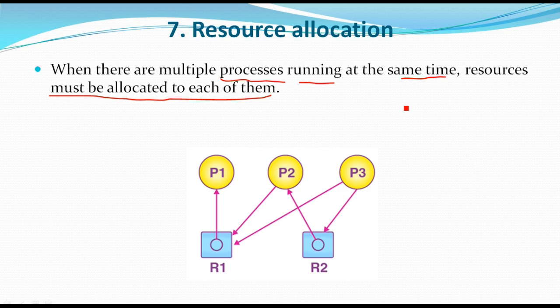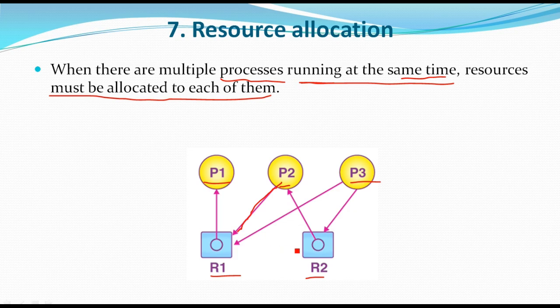Now, here P1 is a process, P2 is a process, P3 is a process. So three processes are running at the same time and they are looking for resources. We have two resources, R1 and R2. R1 is already allocated to P1, and P2 is requesting R1 and P3 is also requesting R1.